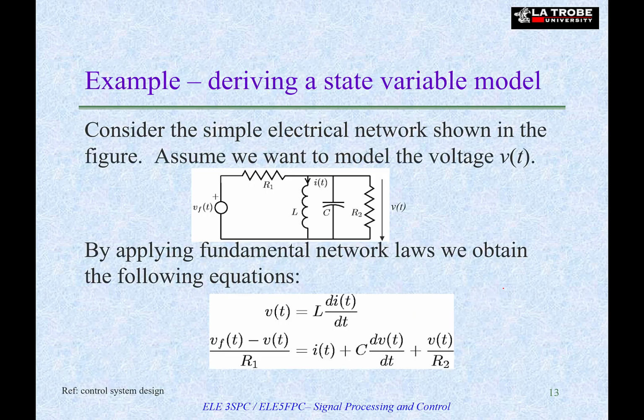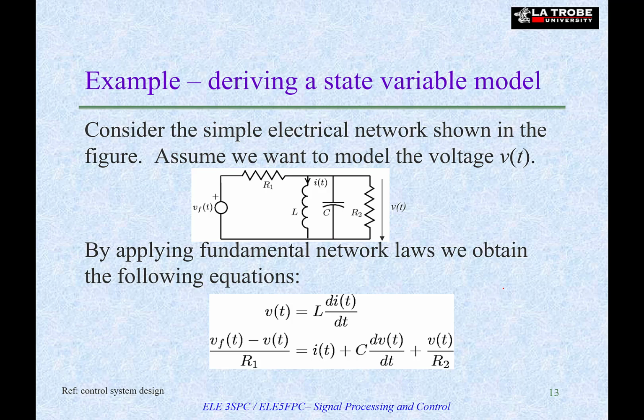How do we derive a state variable model of a given physical control system? I'm going to show you through a couple of examples. The first example we see here is an RLC circuit. We want to model the voltage v(t) of this circuit.